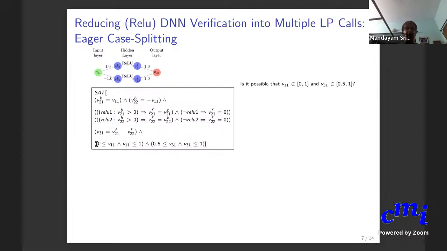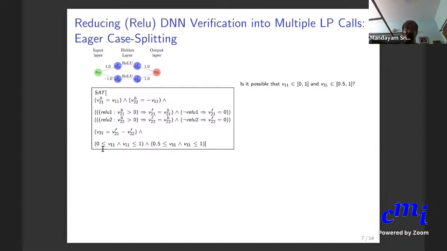Okay, and then you will also have to encode the property that you're trying to verify, which in this case expresses the constraints on the input. The question you're asking is, as long as the input is constrained to be between 0 and 1, is there a value such that the output can be between 0.5 and 1?